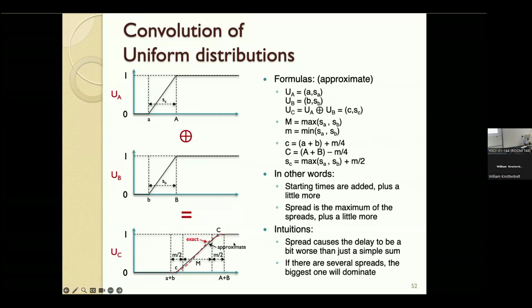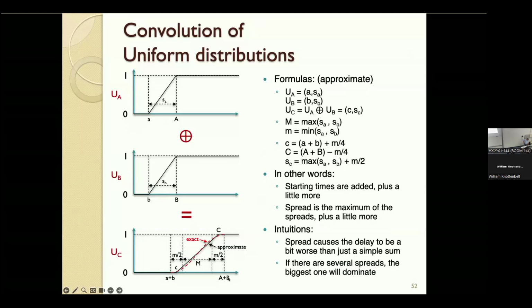Now, it turns out a fairly good approximation is that we assume C is again uniform, so that the convolution of two uniforms is a uniform. This is not exactly true, but in the case of just two uniforms, the error is quite small. And you can see that the minimum value for C is little a plus little b plus a little bit more, because we have a distribution that is not constant.